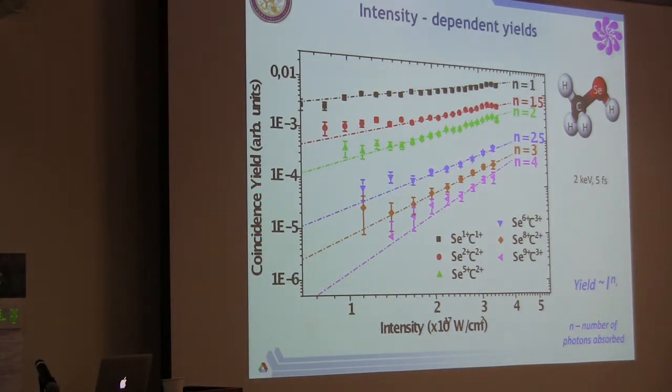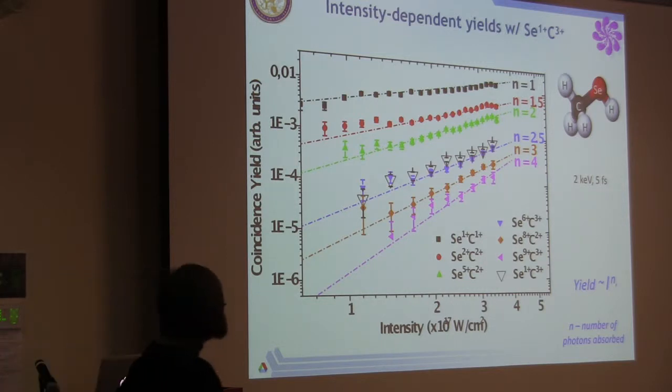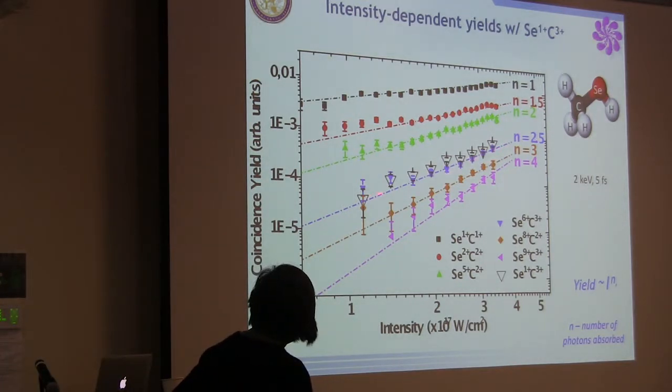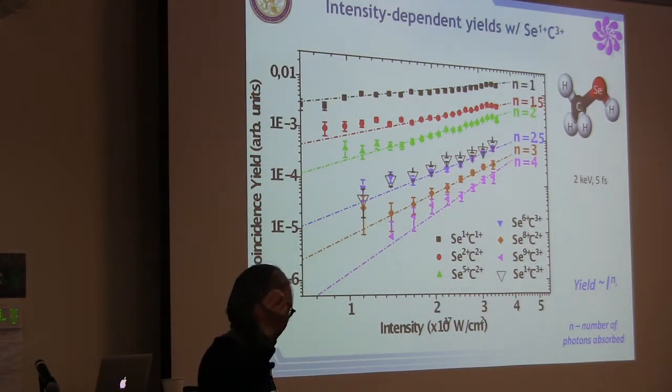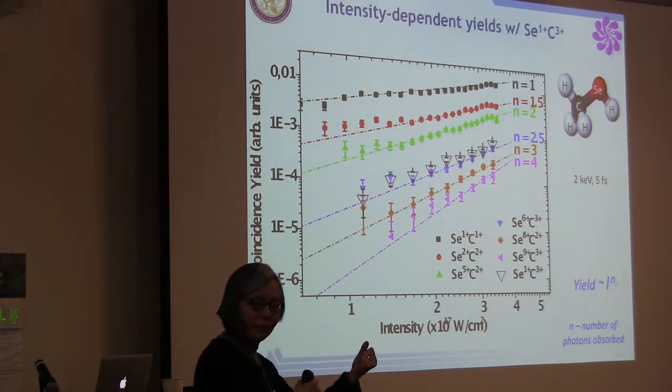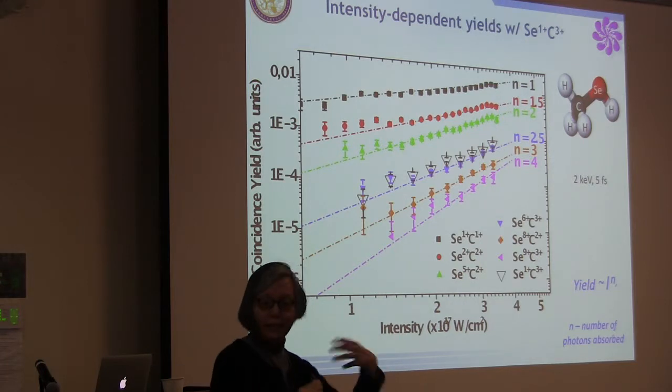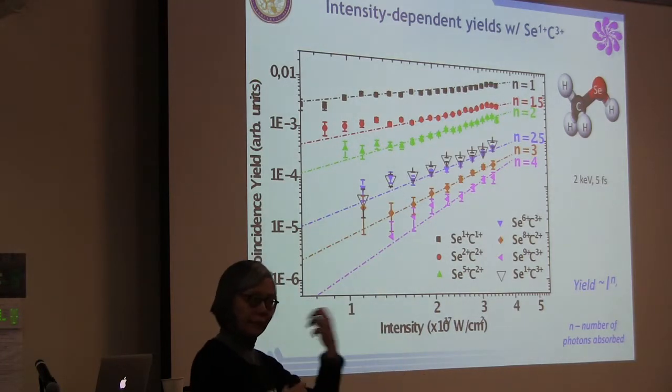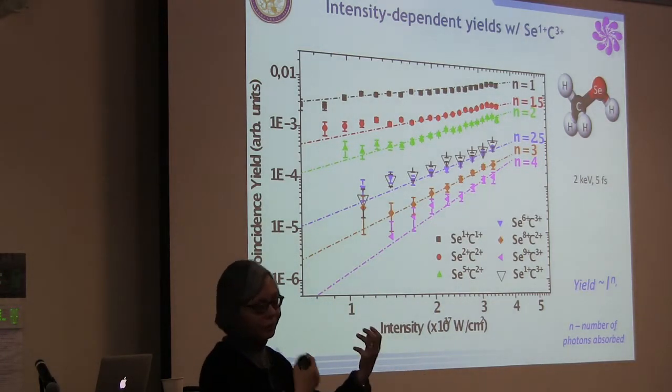But if you take a look at those oddball situations where the carbon charge is higher, the carbon charge should be lower than the selenium charge at the initial stage, because the selenium is charged and the carbon is less charged, right?